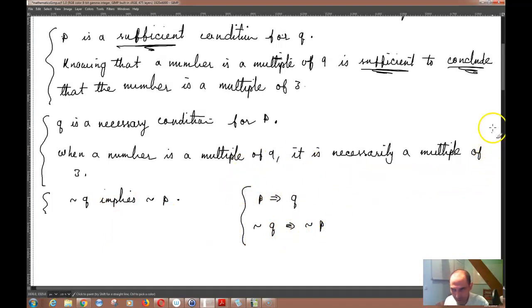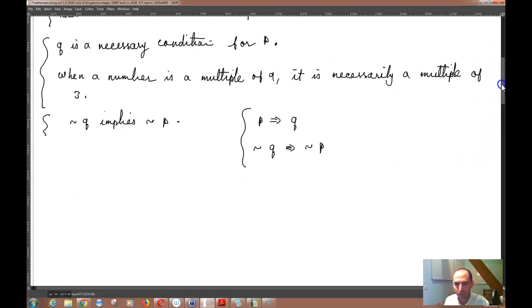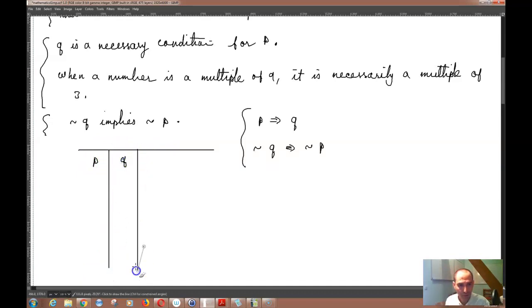Now, of course, if you know the truth table related to P and Q and P then Q, that would look something like this. Over here you have P, you have Q, you have P then Q, or P implies Q. And then we said that if Q is true, it doesn't matter whether P is true or false.